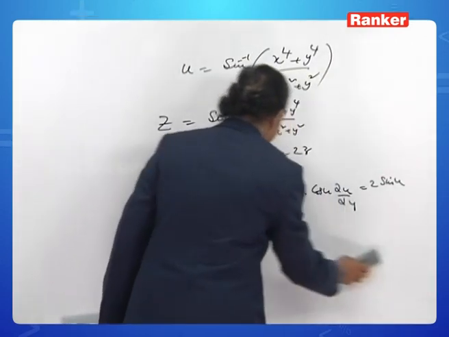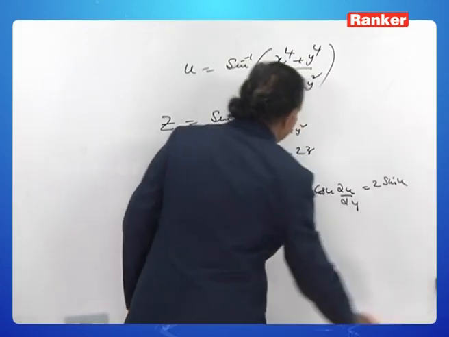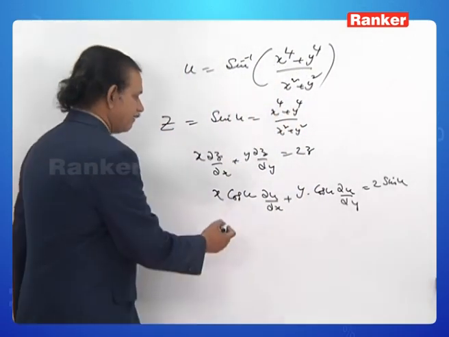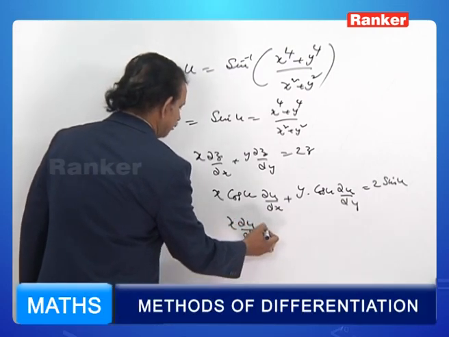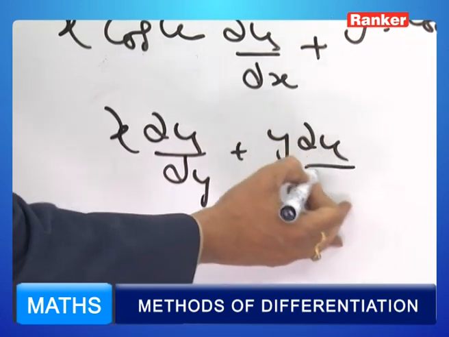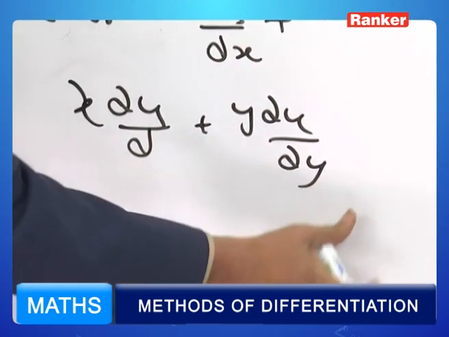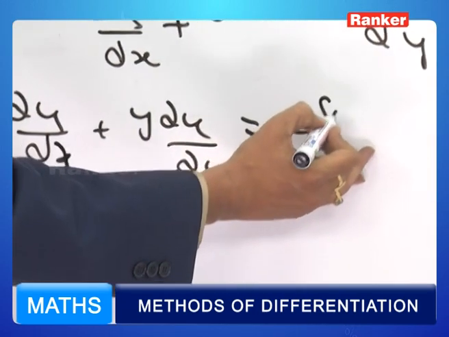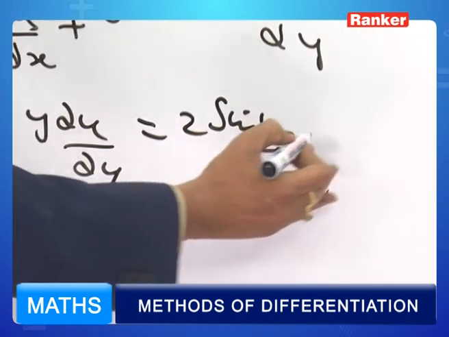You divide entirely by cos u. What is going to happen? x dou u by dou x plus y dou u by dou y is equal to 2 sin u by cos u, which is nothing but 2 tan u.